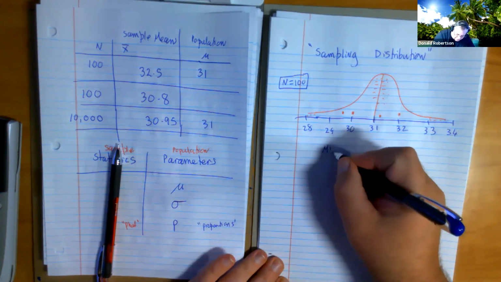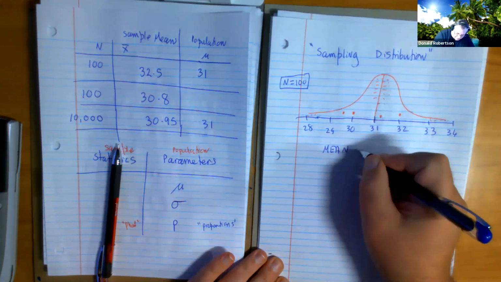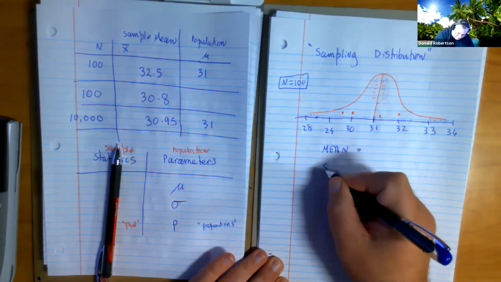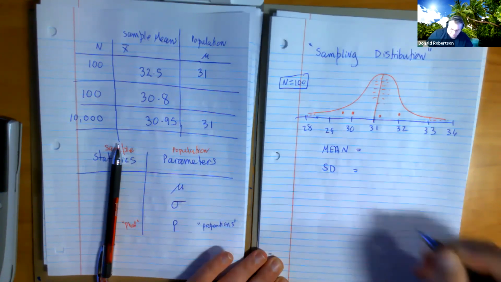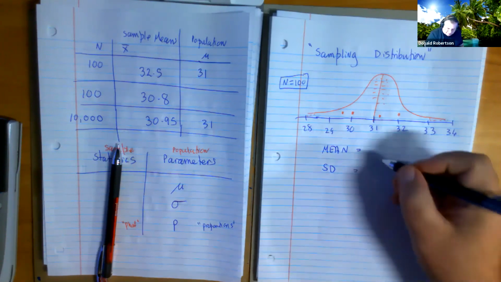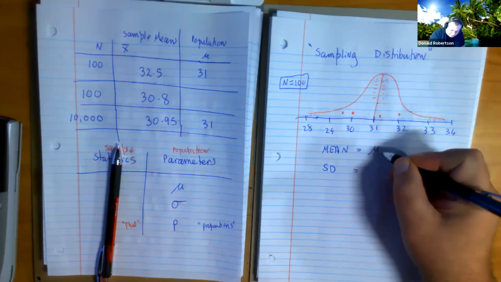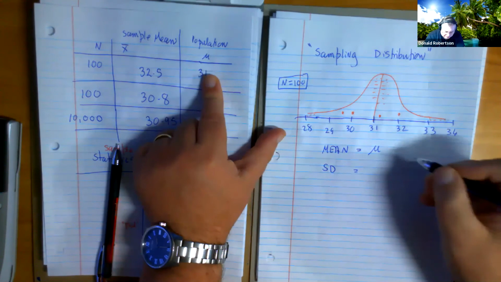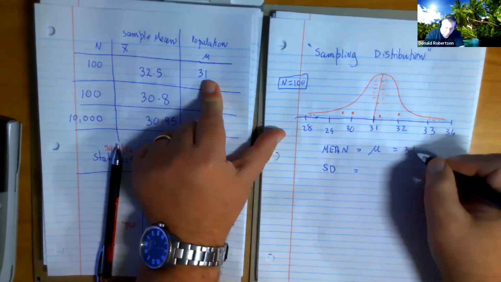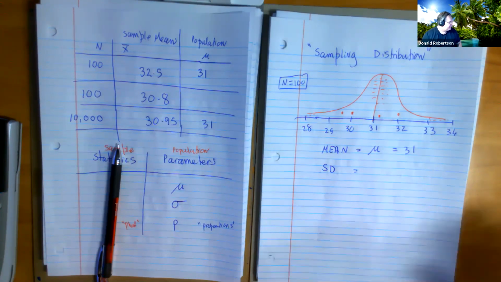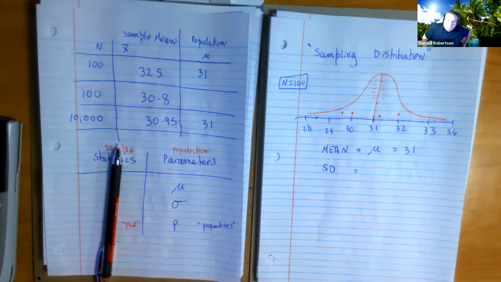It has a mean and it has a standard deviation. And its mean is the same as the population mean. So in this case, 31. And its standard deviation? Well, that's where it gets a little bit tricky here.